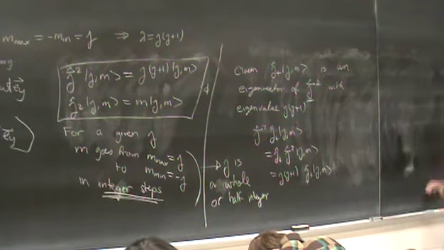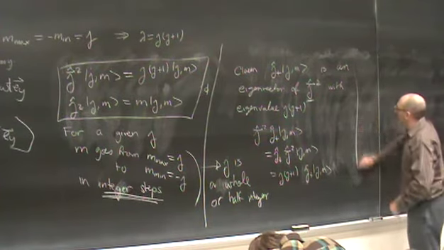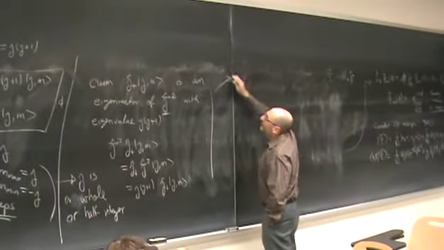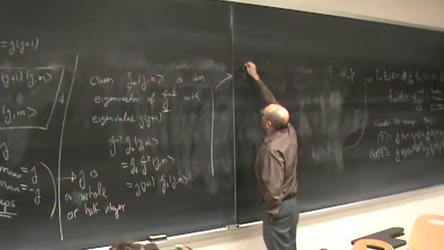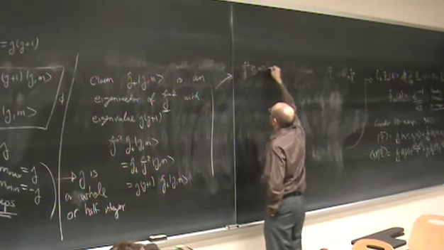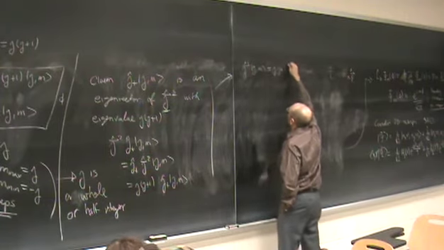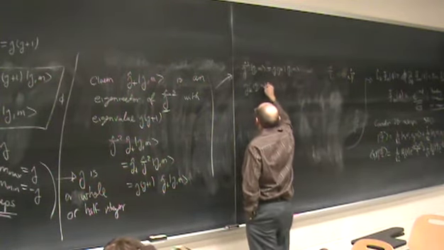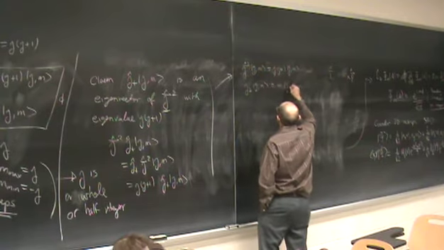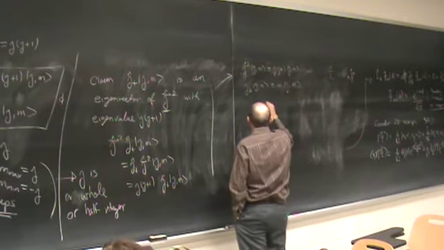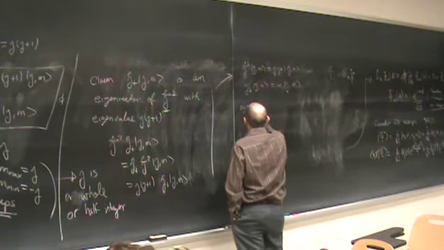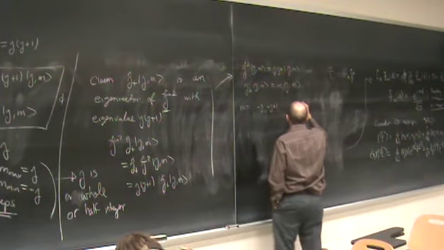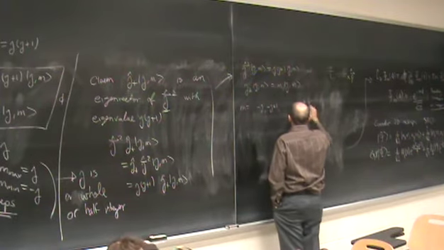So what we've learned is that we have these two equations. These are eigenvectors of the magnitude squared and jz, where m equals minus j, minus j plus 1, dot, dot, dot, j minus 1, j.